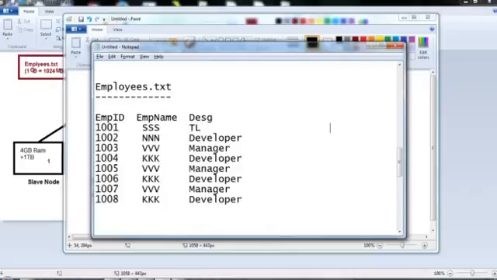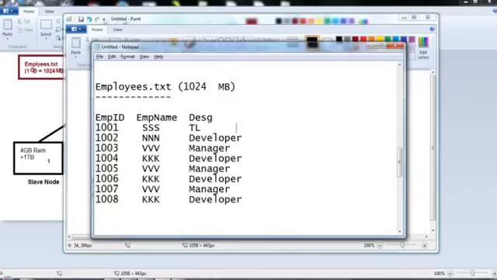Now let's say each record is of some size. We have a total size of 1024 MB. Now I want to store this in a cluster.